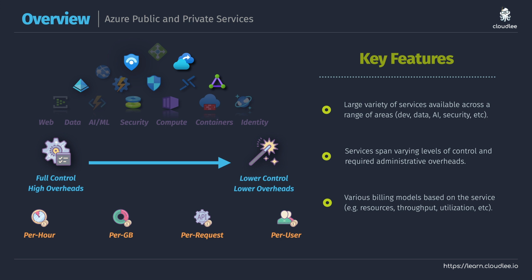Or if we're using some sort of Microsoft Software as a Service solution, SaaS, then we might actually only pay per user. So when you use Microsoft Azure, you'll come to learn that there are lots of different building blocks that we can use together depending on the thing that we are working with, the amount of control that we want, and that'll also influence the way in which that service is built.